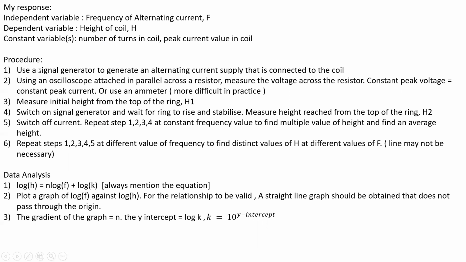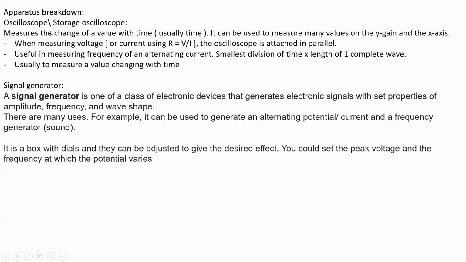If you don't know what a signal generator is or what an oscilloscope is, I have it here. An oscilloscope, or storage oscilloscope, basically measures the change of a value with time. It's usually time, but the y-axis and the x-axis can be anything. When measuring voltage, or current in this case, because you're putting it in parallel, you can't measure current directly.